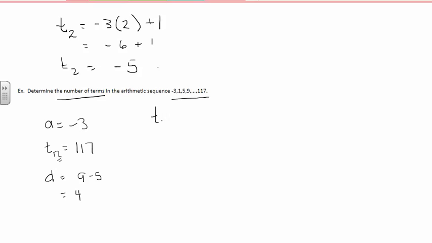So if we look at our formula here, we have t at n equals a plus n minus 1 times d. Let's substitute in what we know. We know the nth term is 117. Our initial term is negative 3. We don't know what n is, how many terms there are, and we know our difference is 4.